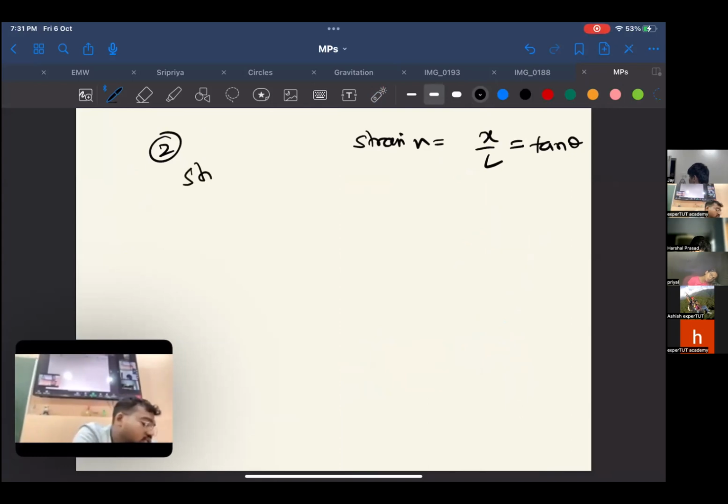And the stress is again sigma, what? F by A. So this is written as sigma is equal to G times tan theta. It is also equal to, first we will write G x by L, which will be G times tan theta, right?